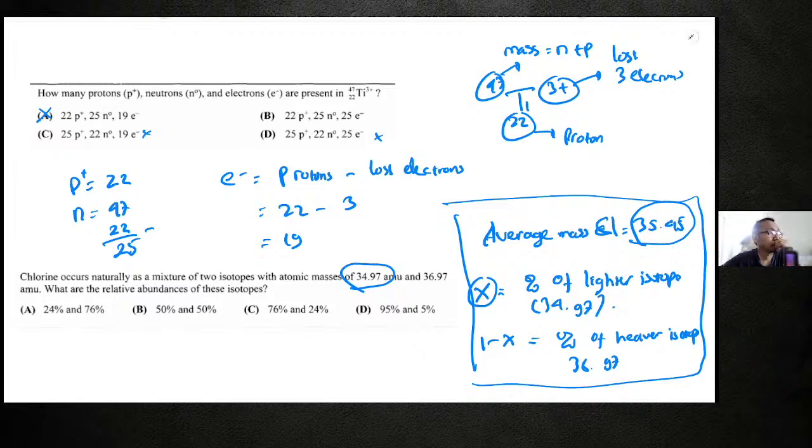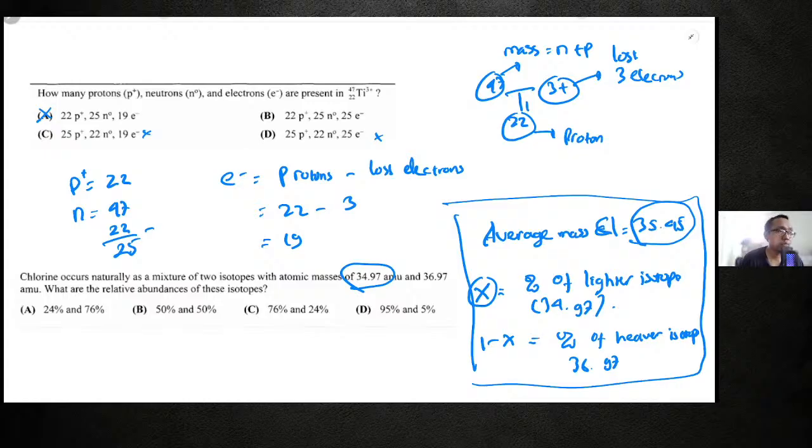So yeah, how do we do that? We can do the calculation. Remember this is our assumption.